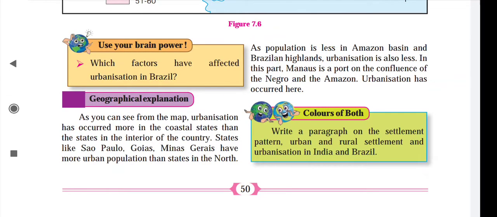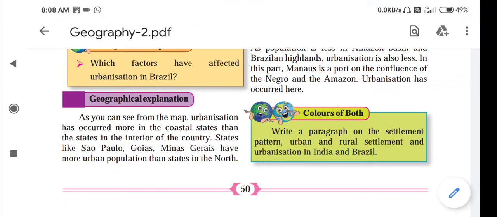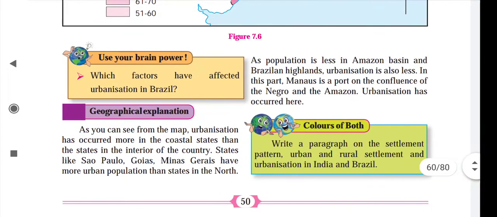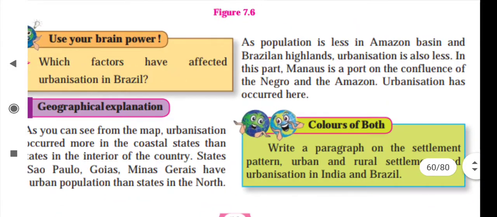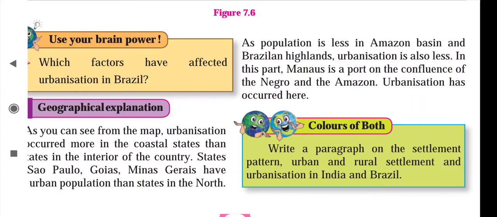States like Sao Paulo, Goiás, and Minas Gerais have more urban population than states in the north. As population is less in the Amazon basin and the Brazilian highland, urbanization is also less.